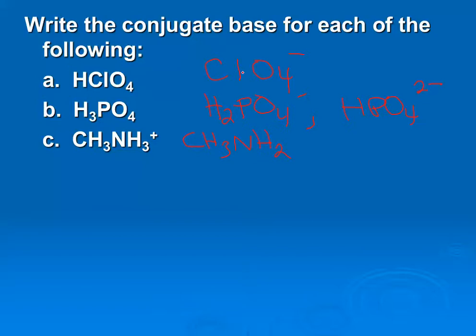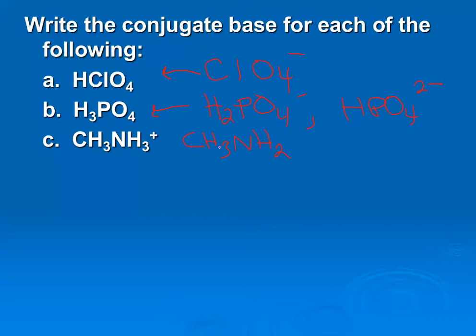Also, if you look in the other direction, this would behave as a base, because we said bases gain hydrogen ions or attract hydrogen ions. So if we went in the other direction, you would see that this particle here gaining a hydrogen, acting as a base, would turn into this perchloric acid. We have the dihydrogen phosphate polyatomic ion can gain a hydrogen ion and act as a base and turn into phosphoric acid.